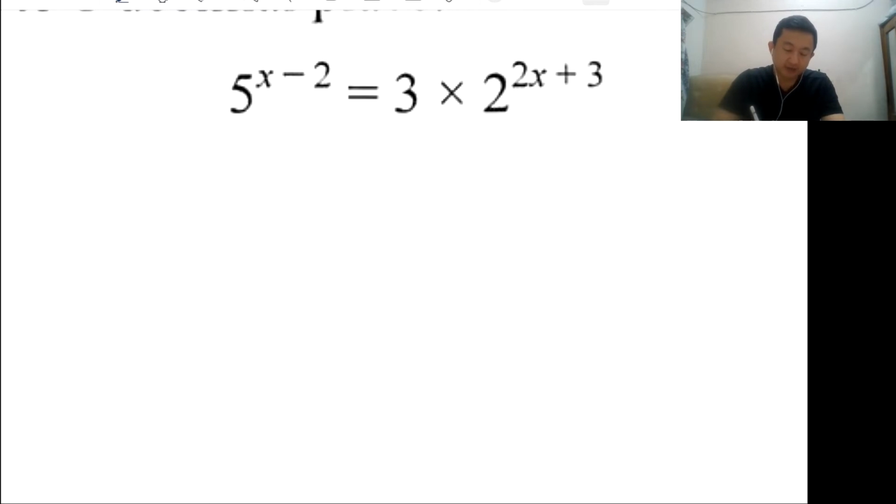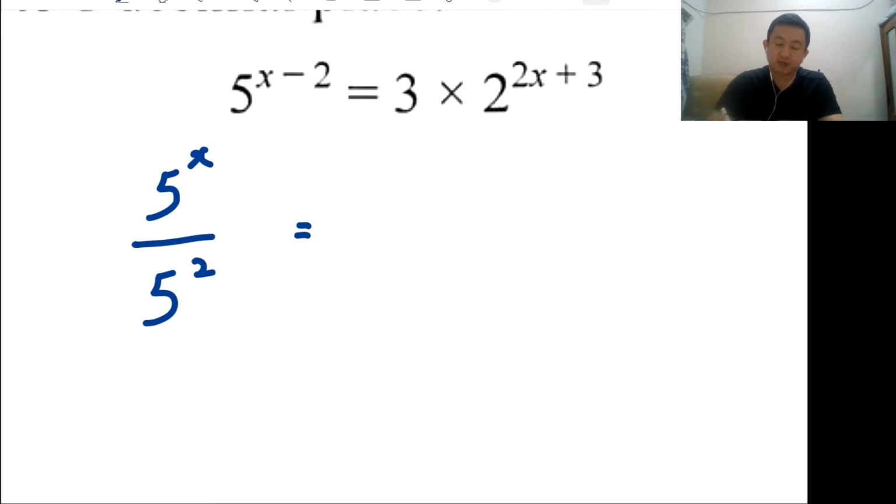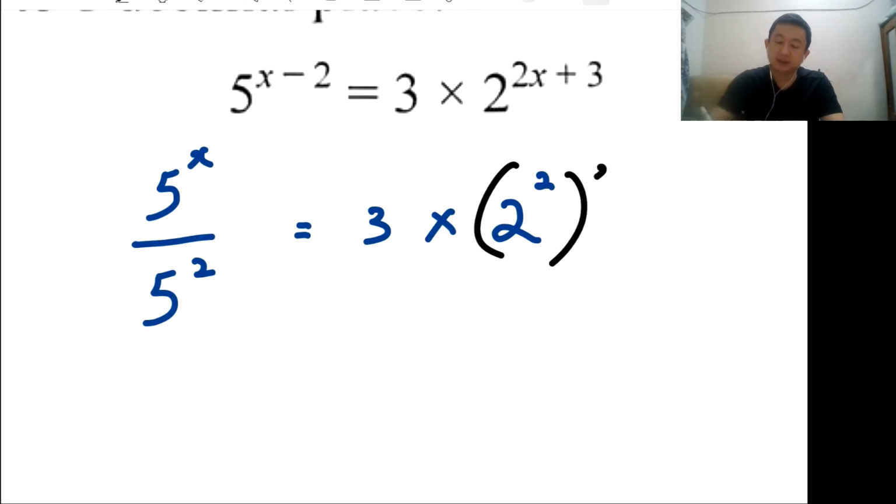5 power of x minus 2 is the same as 5 power of x divided by 5 squared. On the right, 3 multiplied with 2 power of 2. I can do this to the power of x plus 3. Plus 3 meaning times 2 power of 3.